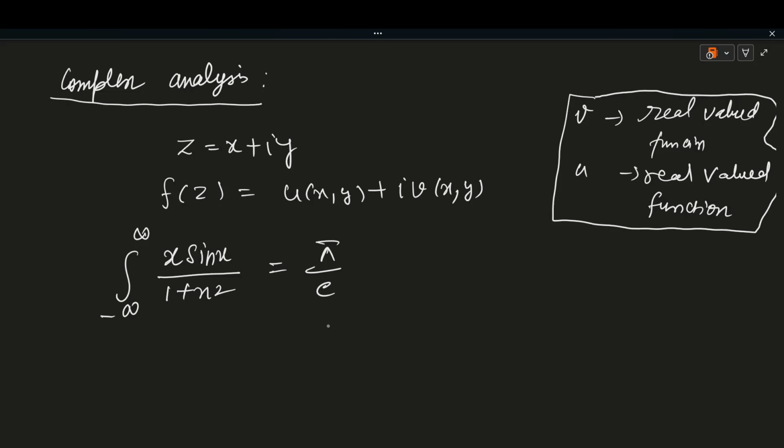But if you change the domain from real to complex, you can easily get this value pi by e, within hardly 1 or 2 minutes, or maybe less than that.